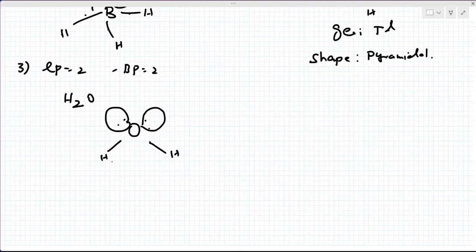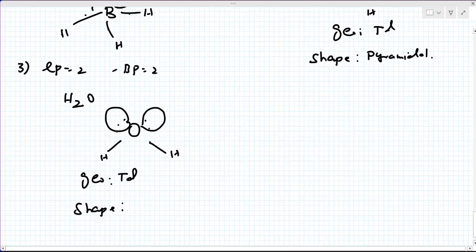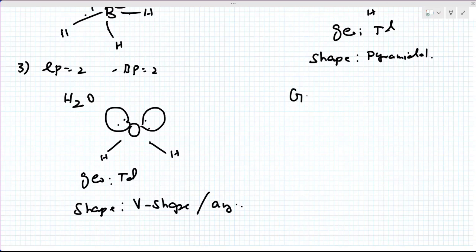In this case, total electron count is 2 plus 2, 4. The geometry is tetrahedral. What is the shape? If you want to find the shape, only look at the bond pair. It's similar to SO2. This is a V shape, or angular shape.